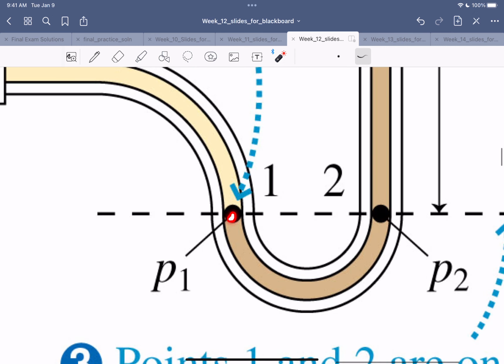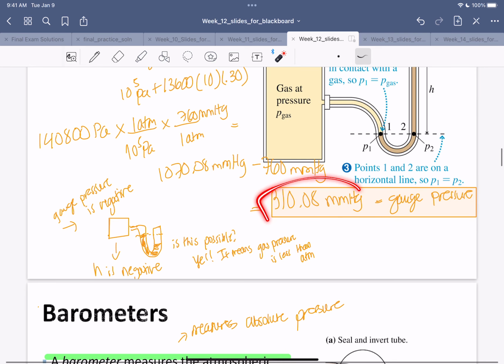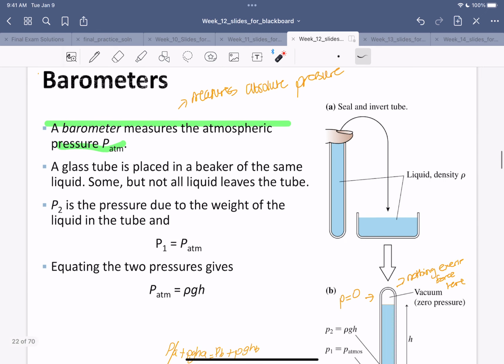And P1 here would be the pressure of your gas, right? It'd also be the pressure of the liquid at that same height. And then you can do your pressure calculations, get your absolute pressure minus your atmospheric, and that would give you your gauge pressure, right?